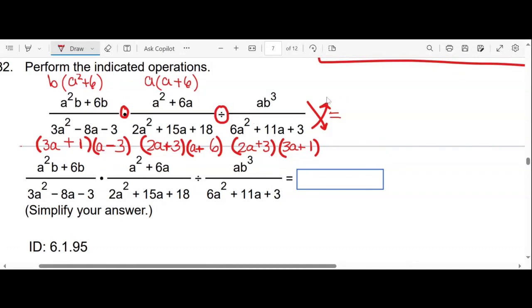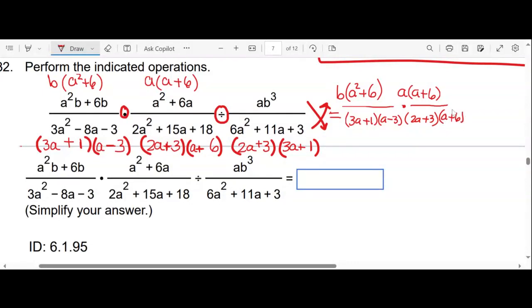Okay, so now I'm going to write it down as it is, divided by 3A plus 1, A minus 3, times A times A plus 6 over 2A plus 3, A plus 6.